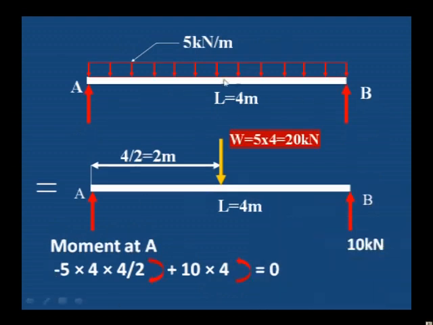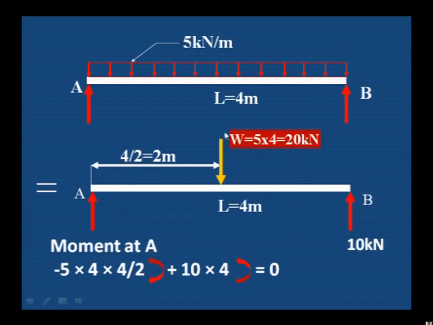Similarly, we can consider a UDL, a uniformly distributed load, acting at 5 kilonewton per meter over the entire length of 4 meter. To calculate the moment at A, we have to convert the 5 kilonewton per meter into a point load. 5 into 4 is 20 kilonewton, which acts at a distance of 2 meter from A or 2 meter from B, since 4 divided by 2 is 2.